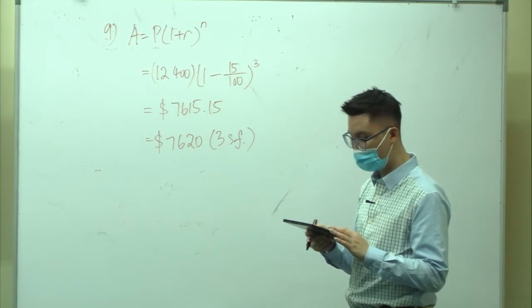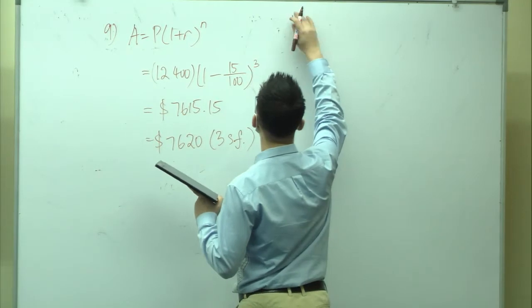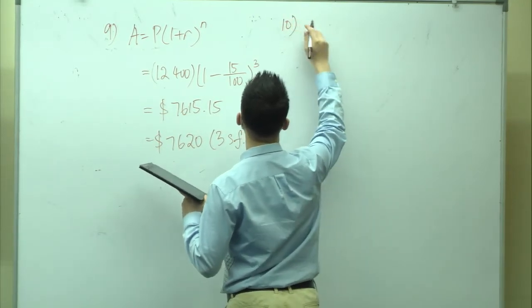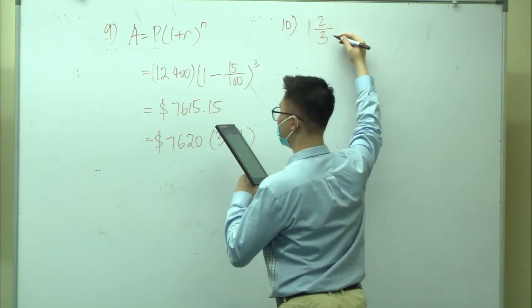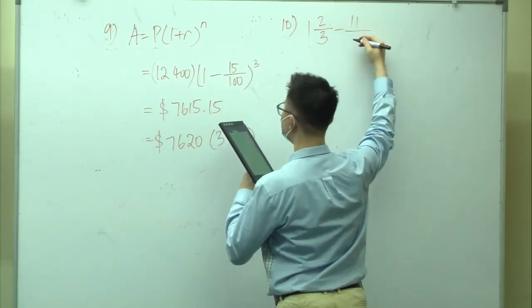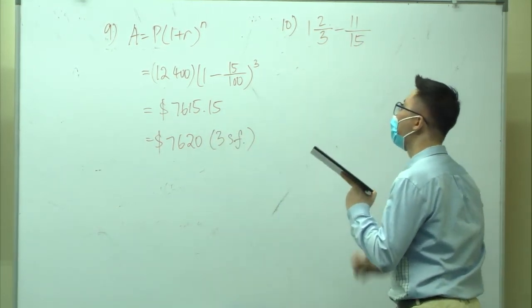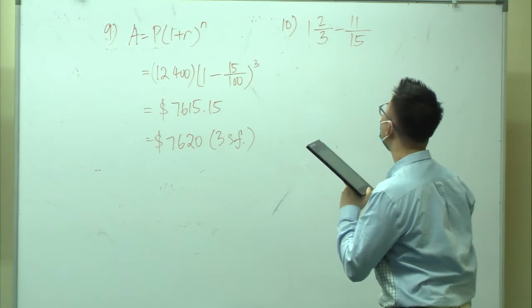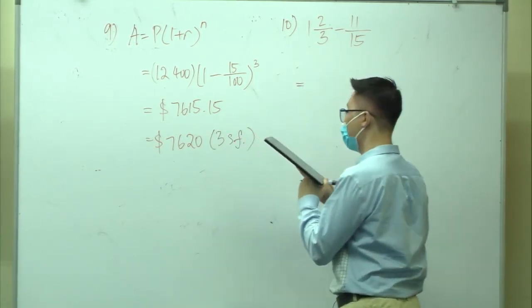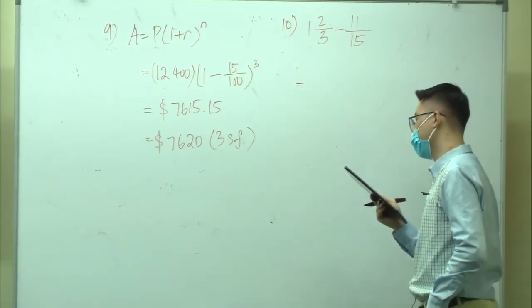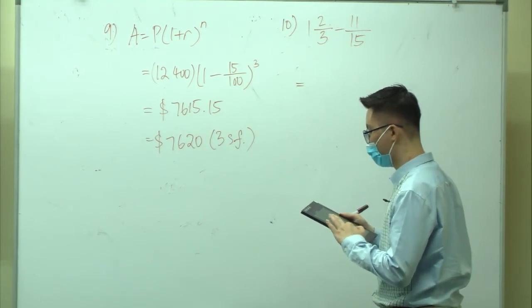Now question 10. How do we solve this without using the calculator? Write down all the steps of your working, give your answer as a fraction in its lowest terms.